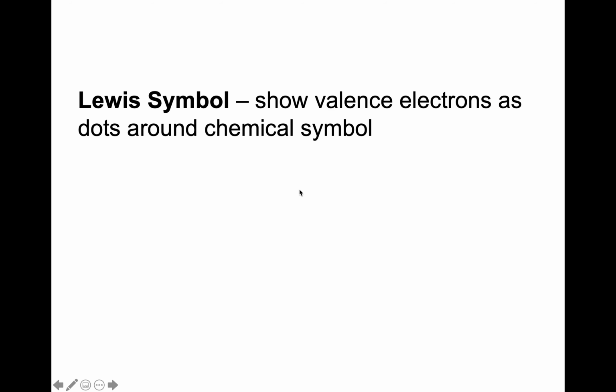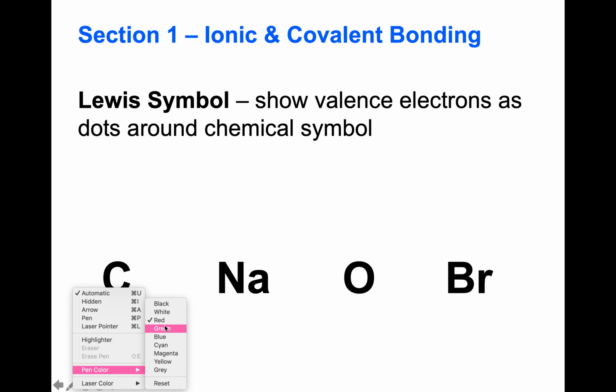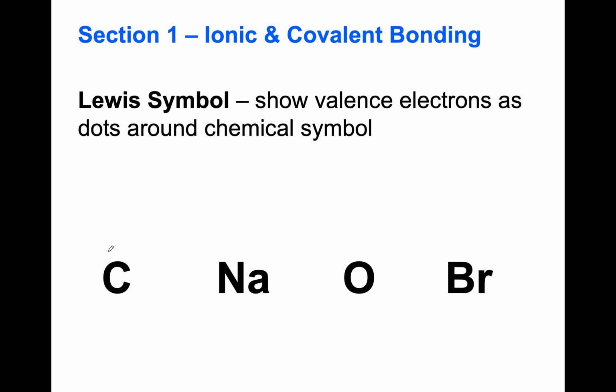So, a Lewis symbol, I guess this is just trying to remember what you guys have learned in your chemistry class previously. It's essentially just a little dot diagram that shows the number of valence electrons as dots around a chemical symbol. So for example, if I were to draw a Lewis dot diagram over here, carbon has 4 valence electrons, so I would draw 1, 2, 3, and 4.